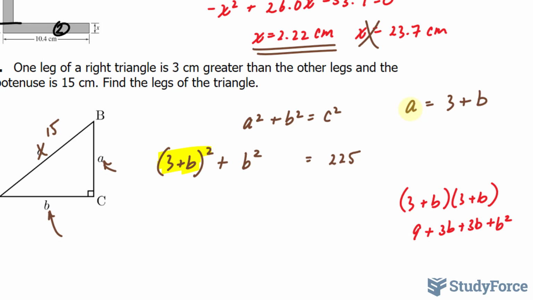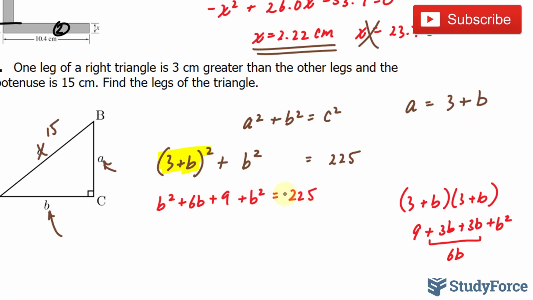So you can say that a is the longer of the legs and b is the shorter one. And you can write that down as a legend. These two terms become 6b, and we have b squared plus 6b plus 9 plus b squared is equal to 225. This is a quadratic equation.